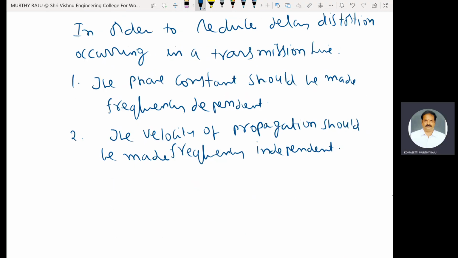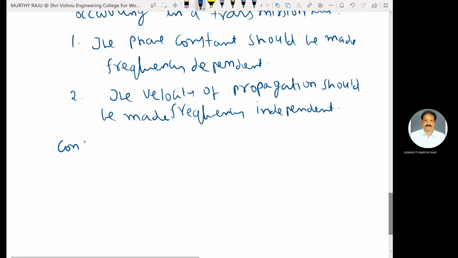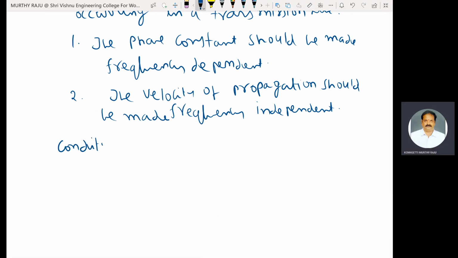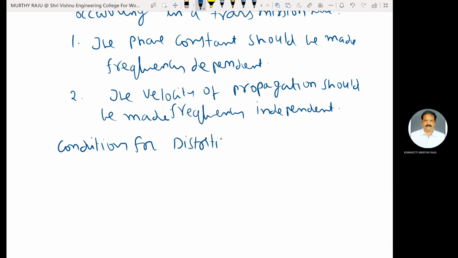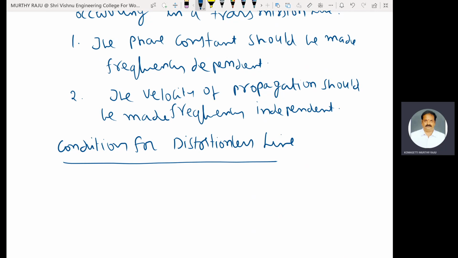Next, derivation: conditions for distortionless line. Consider the propagation constant of the waveform, gamma.